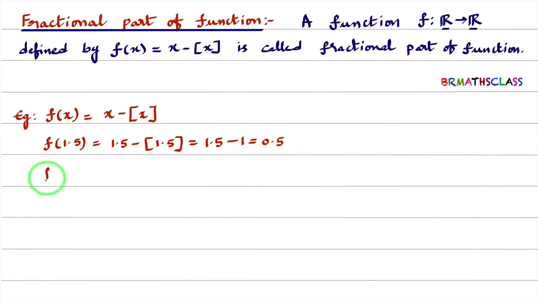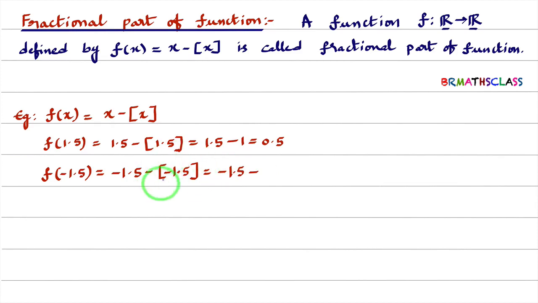Now I'll calculate f of minus 1.5. We will see what you will get. In place of x, you write minus 1.5, so it is minus 1.5 minus step minus 1.5. What is step minus 1.5?